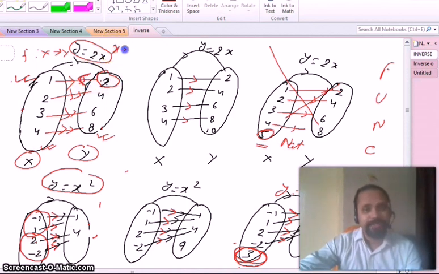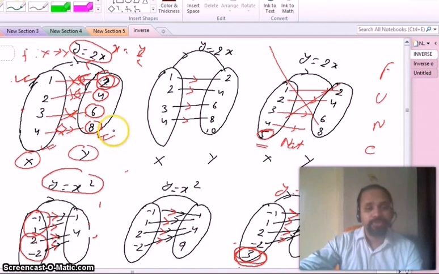That means if we say x equals y by 2, in this one we are going from y to x. So for this image 2, we have a pre-image that is 1. For this image 4 we have a pre-image 2. For this image 6 we have a pre-image 3, and for this 8 we have a pre-image 4. That means obviously it is onto function.